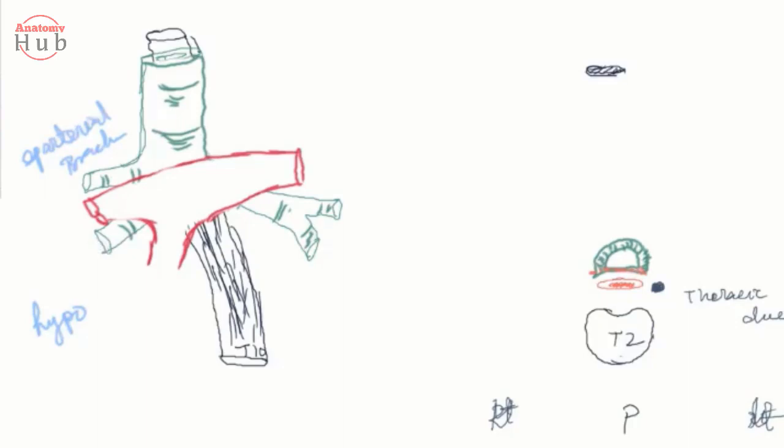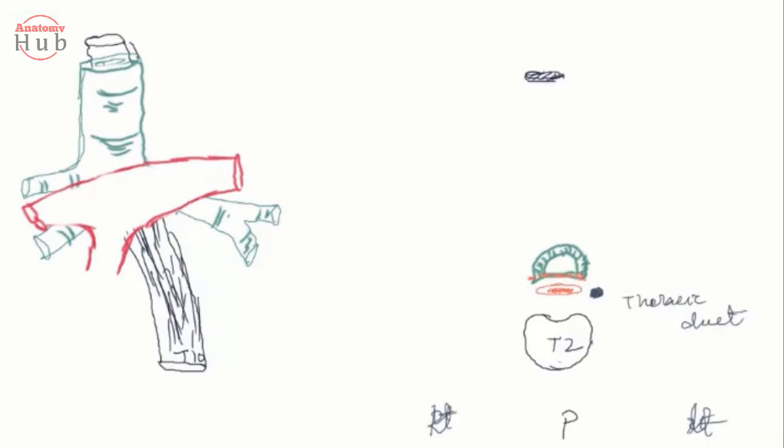So here the relation is very important. Always try to draw according to the anatomical view. Whatever I am drawing here may not be a good diagram, but that is exactly how the structures are related to each other.